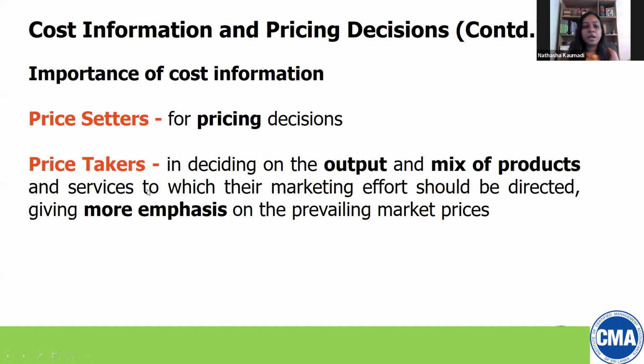Now, if we take a price setter, definitely as a price setter we have to think about the cost. So why is cost important for price setters? For pricing decisions. That is obviously understood. To set the price, you need to have the cost. So cost information is important for price setters.